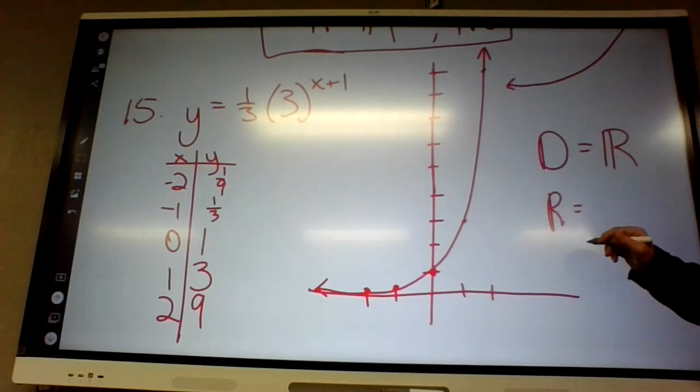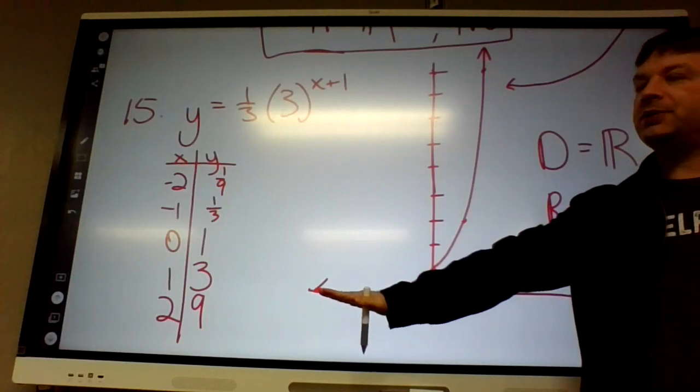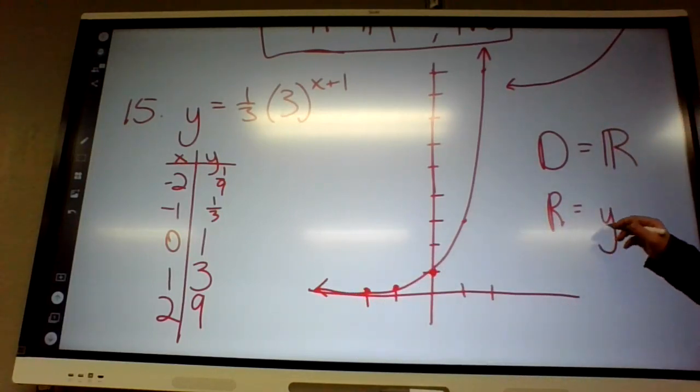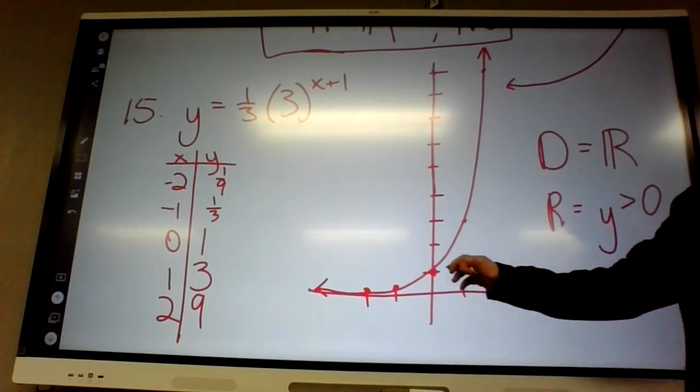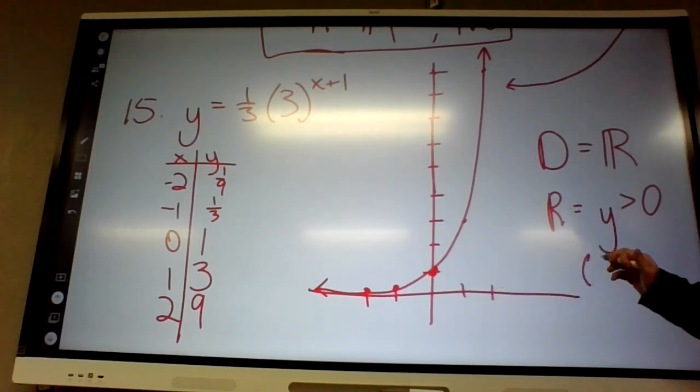What is the range? Y is greater than 0. It approaches 0, like how low it goes, but it never quite gets there, so all y values are greater than 0. What's the y-intercept? Yeah, right there, across the y-axis at 0, 1.